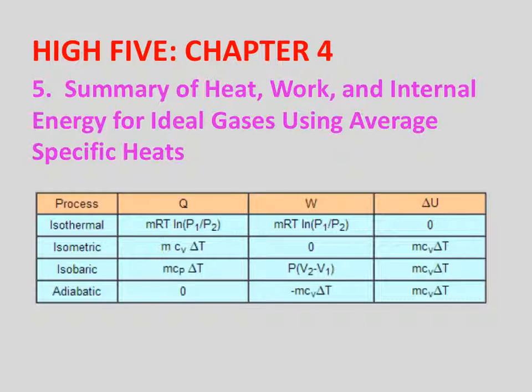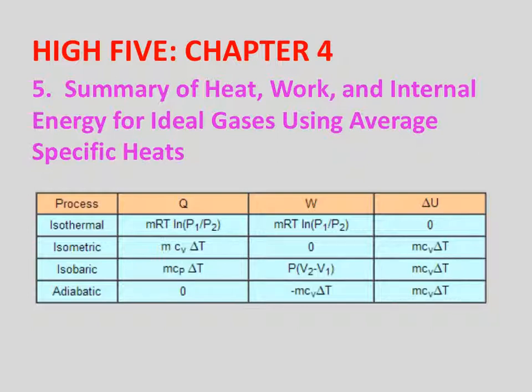This chart kind of explains the different processes. For isothermal, or constant temperature, Q is mRT, mass times the gas constant R times temperature, times the natural log of pressure 1 divided by pressure 2. Finding the work uses the same formula, and the change in U is 0.